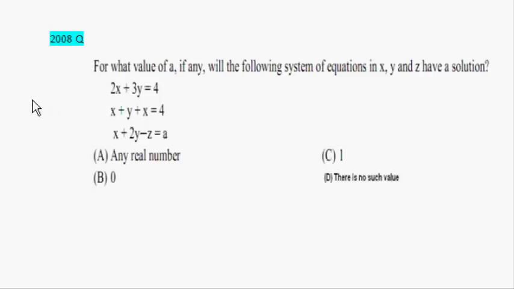This is another 2008 question. For what value of A does the following system of equations have a solution?